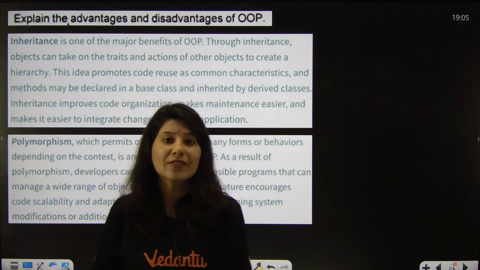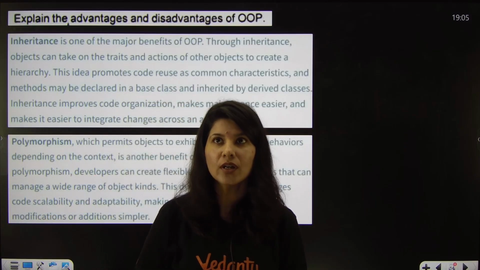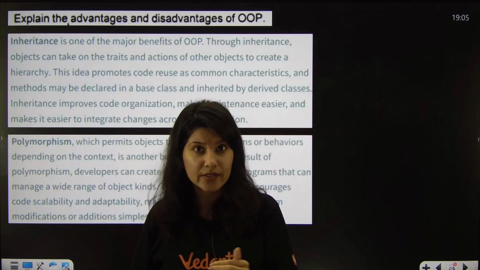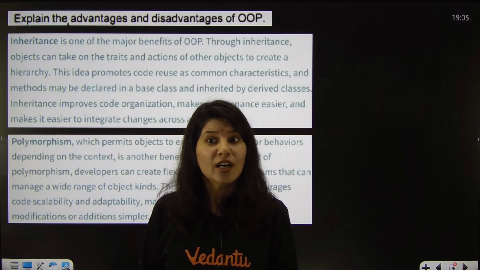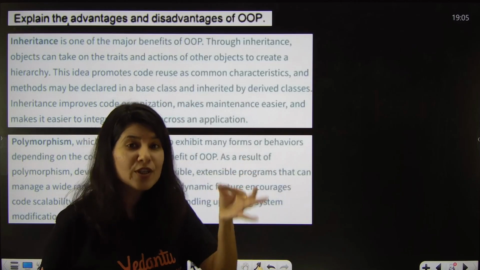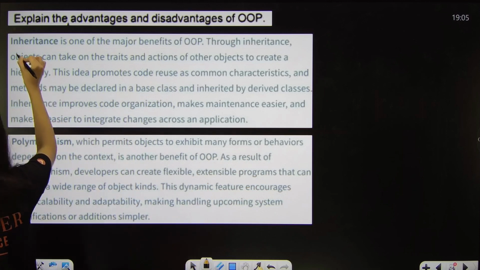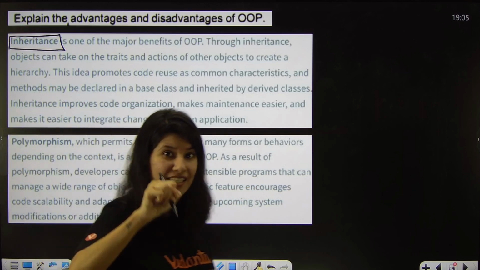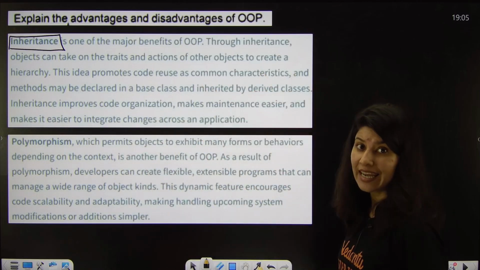Suppose one code and the similar thing you have to use like 1,000 times. It can happen, there is a requirement. Now you have to write the same code 1,000 times. But object-oriented programming gives the major advantage, which is inheritance, which addresses this issue. So let us read what inheritance is.